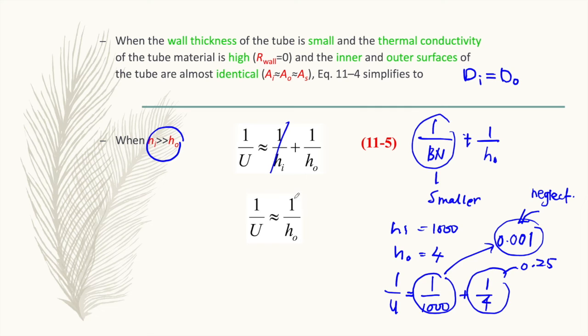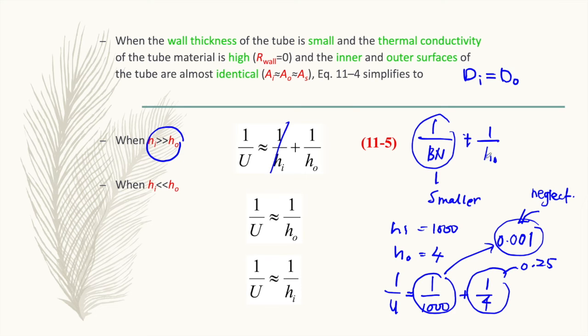Okay, approaching 1 over HO, because 1 over HI is too small. Therefore, we can neglect it. So there will be another condition where HI is much smaller than HO. What will happen? Again, the same as before. If HO is much greater than HI, then 1 over HO will be too small.